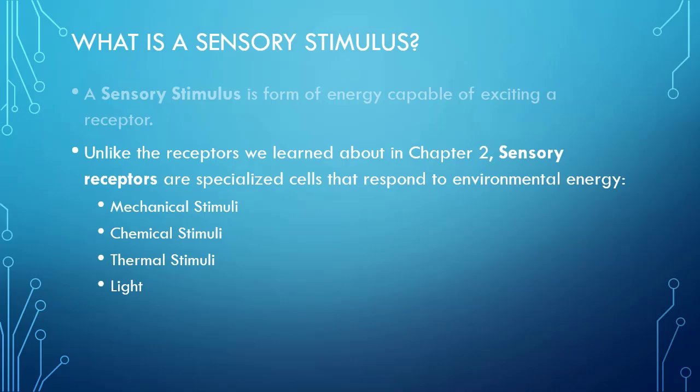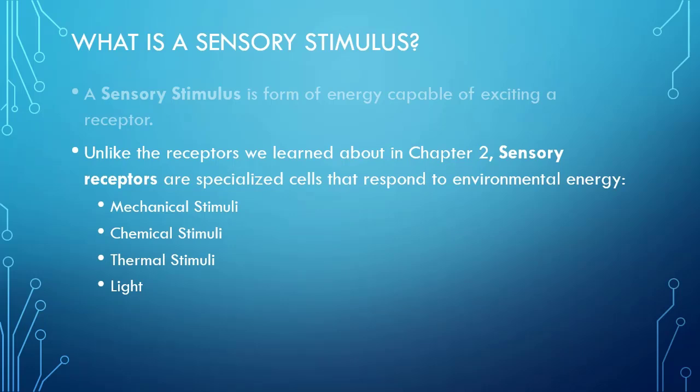They have all kinds of different ways of transferring energy into a neural signal. We're actually talking about specialized kinds of cells that receive energy from the environment. So in a way, the whole cell in this case is a receptor. We're not talking about one little protein channel on a neuron. We're talking about the entire neuron whose job it is to receive energy from the environment.